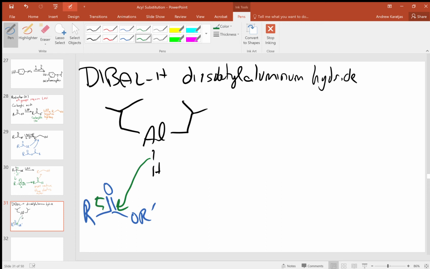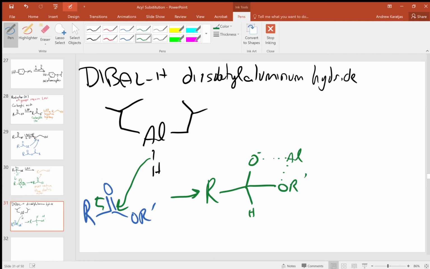Nucleophilic attack onto the carbonyl. But this is where the reaction is able to go in a different direction. So we now have this OR group from the ester along with the negatively charged oxygen from the carbonyl.